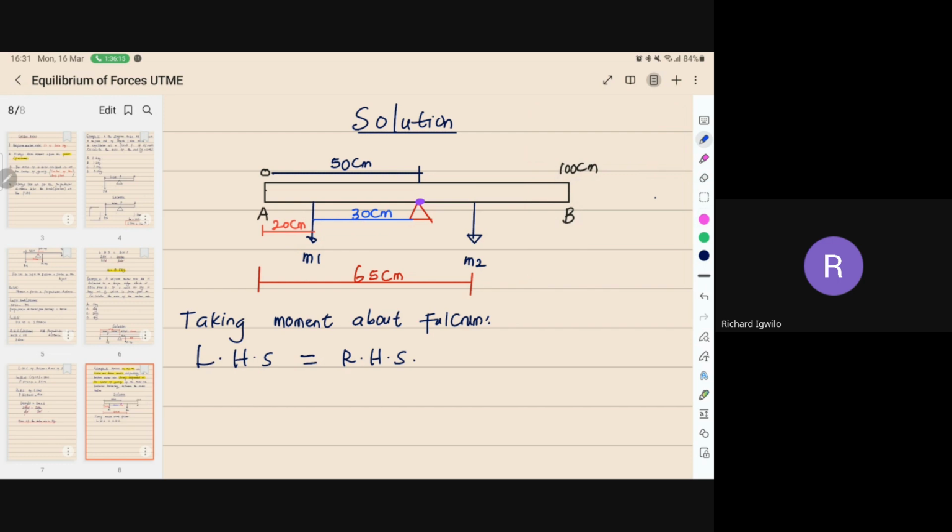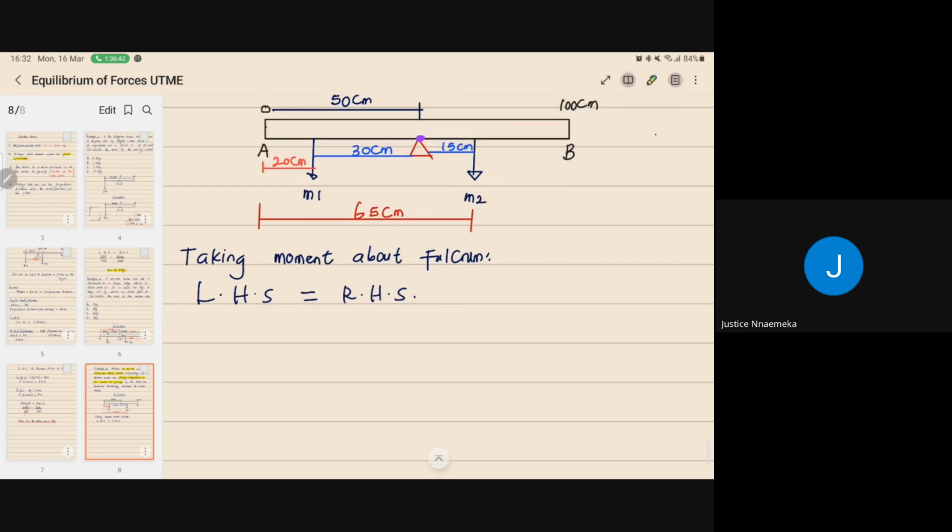And the distance between our M2 and the fulcrum, who can tell me the distance between our M2 and the fulcrum? 15. 15. Beautiful, brother, because from here to here is 50. So that place is going to be what? 15. Well done, brother. Do we understand why it is 15? Does everybody understand why it is 15? Lillian, do you understand why it is 15? Hope you do understand why it is 15.